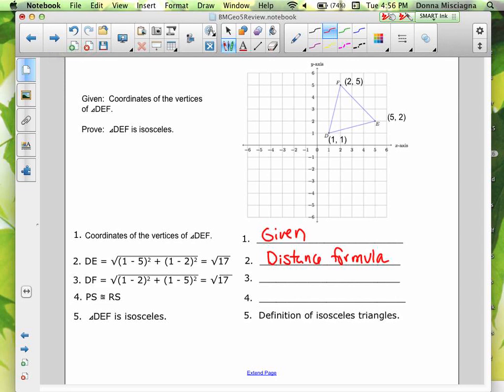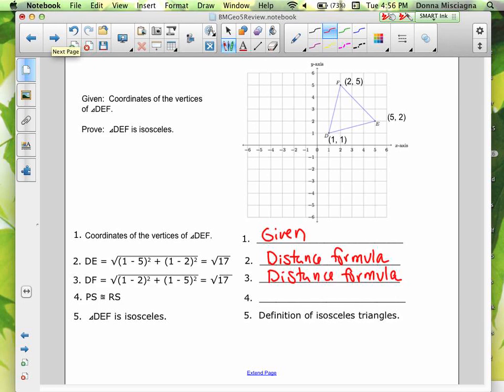So formulas are always one of your possible reasons when you work with coordinate proofs. And we know the length of DF is the square root of 17 because we used the distance formula to find that as well. So you'll find with these coordinate proofs, a lot of times it's formulas that are your justifications.